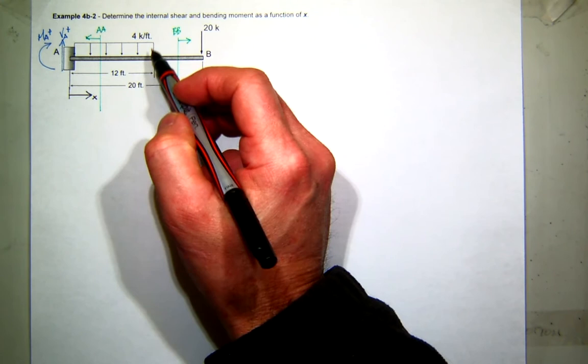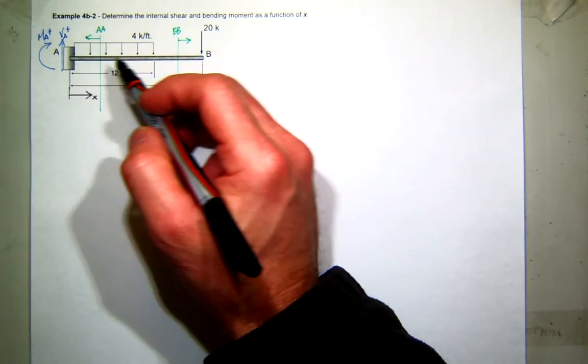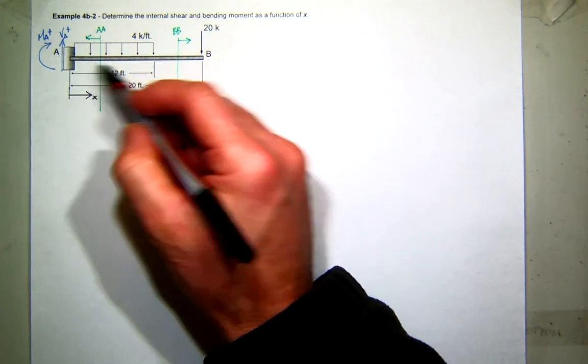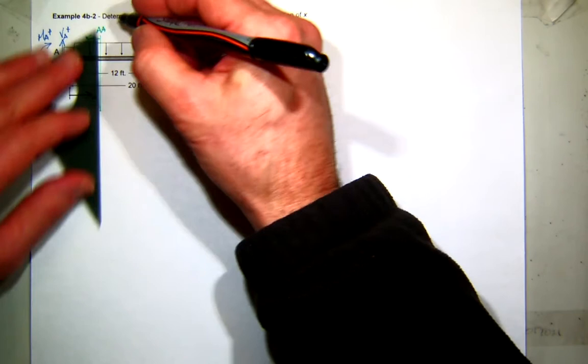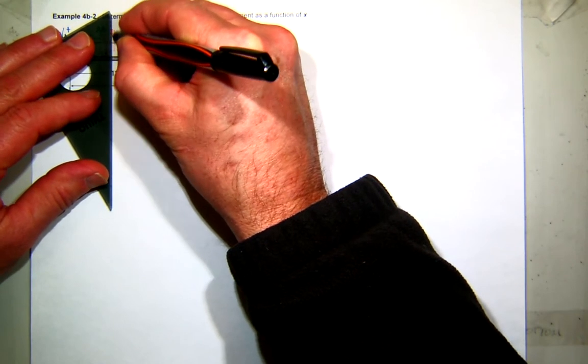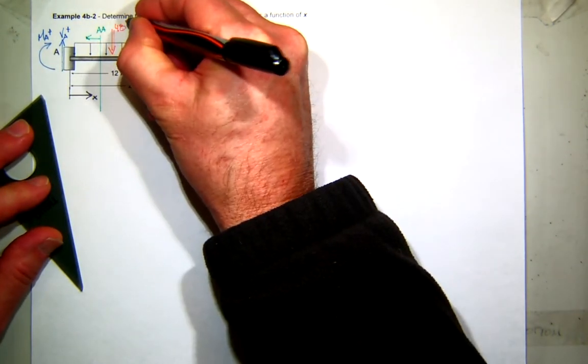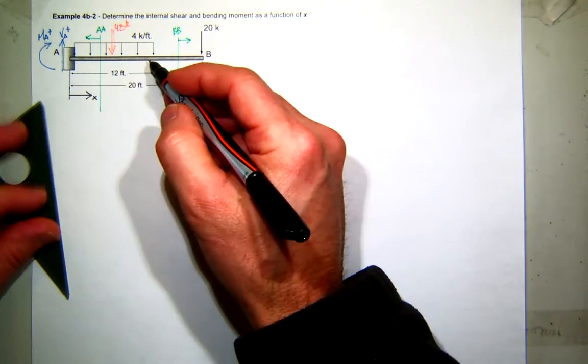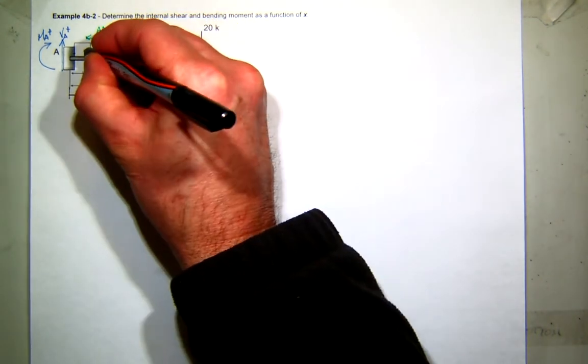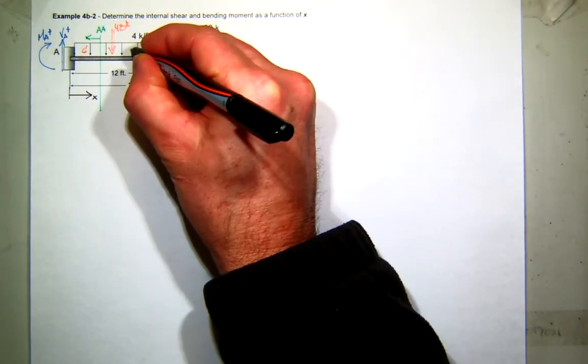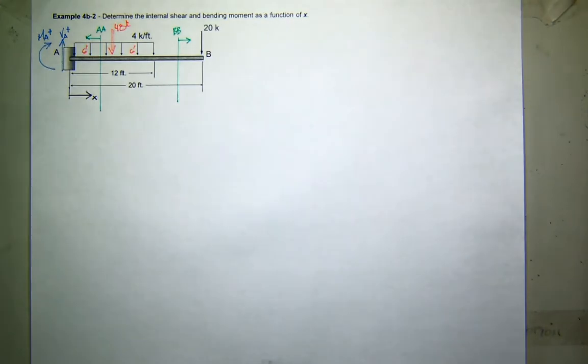Also, I'm going to need to turn this into a concentrated equivalent. It's a rectangle, so that's easy. It's just base times height, so that gives me a concentrated equivalent force of 12 times 4, or 48. It'll act right in the middle, so that's 6 feet and 6 feet.